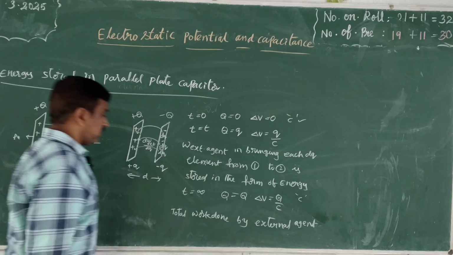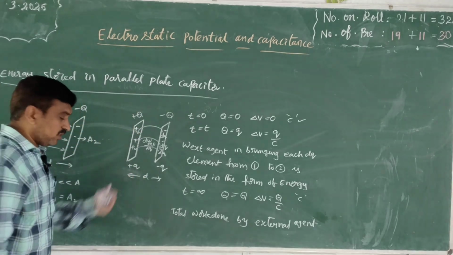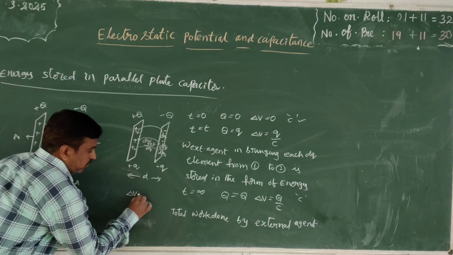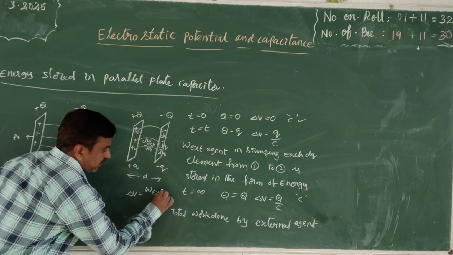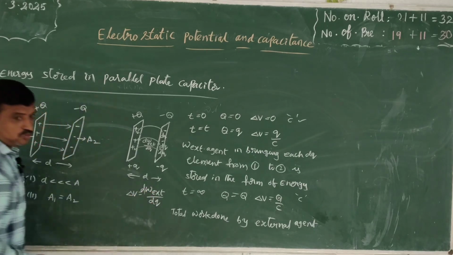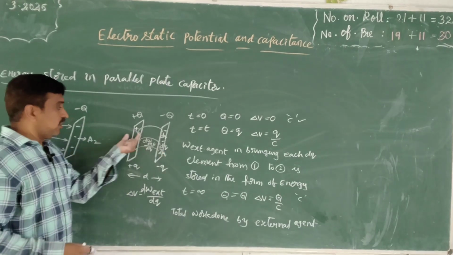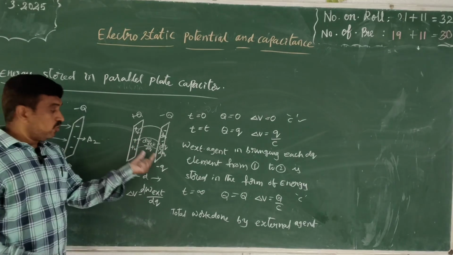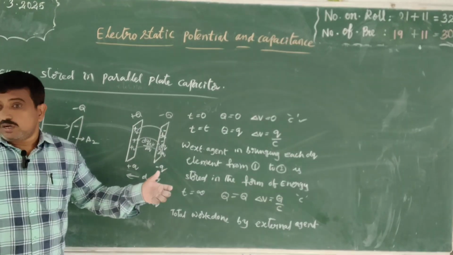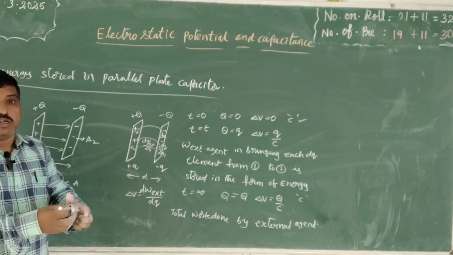For placing charge, delta V equals the work done by the external agent in bringing dq, that is dW, small work. Each dq gives a dW work, and all these works are added by integration.